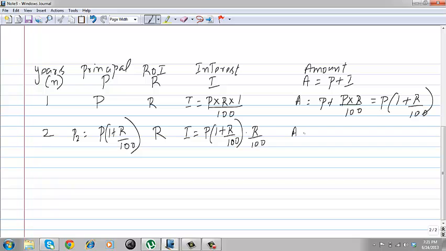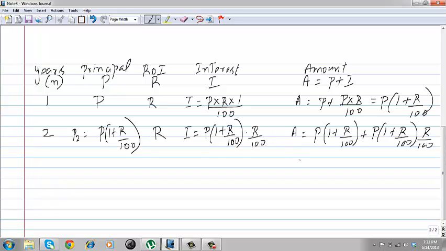So the new amount would be, we know that amount is P plus I, where the P is this P2. So P into 1 plus R upon 100 plus the interest, which is P into 1 plus R upon 100 into R upon 100.